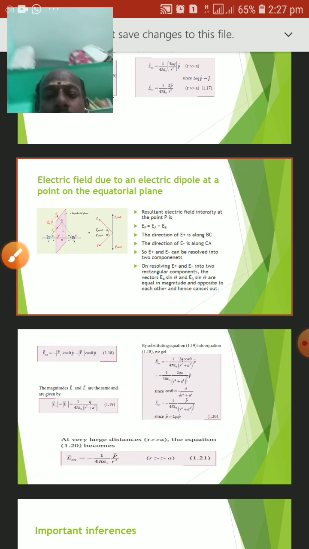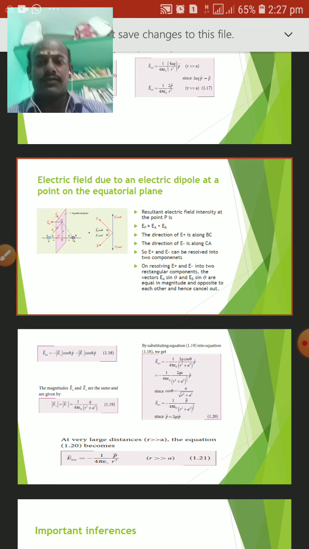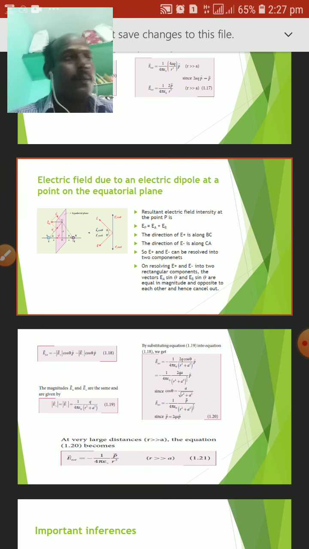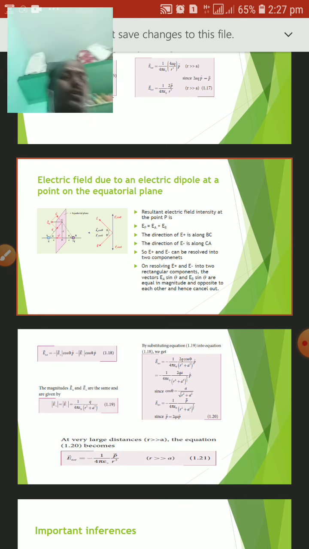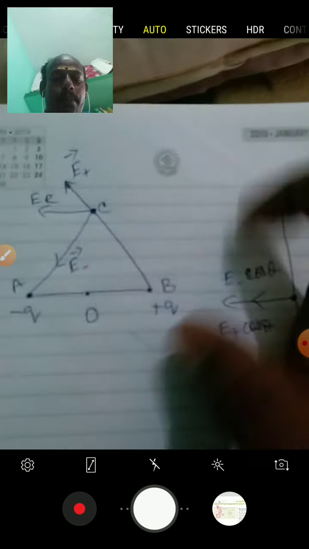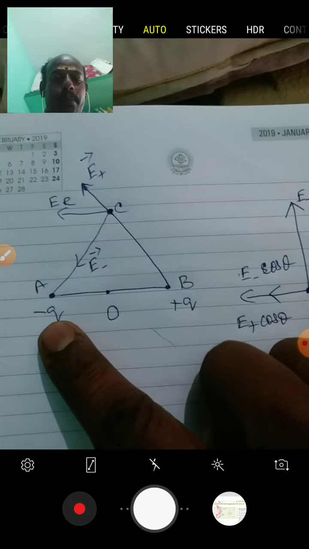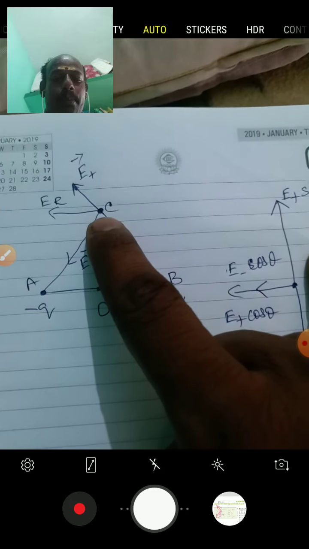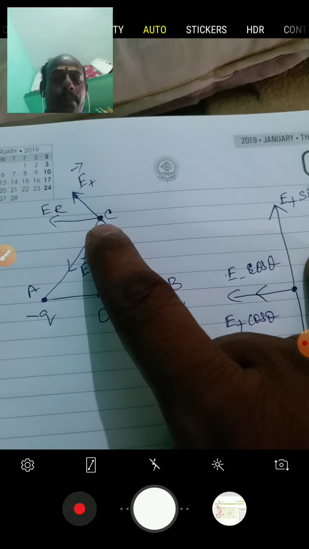Now the resultant field will be the summation of two electric fields. So I will be measuring, and at the point C it has two components. Look here, so at the point B plus q is there, and at the point A minus q is there. So at the point C we are going to measure the electric field.